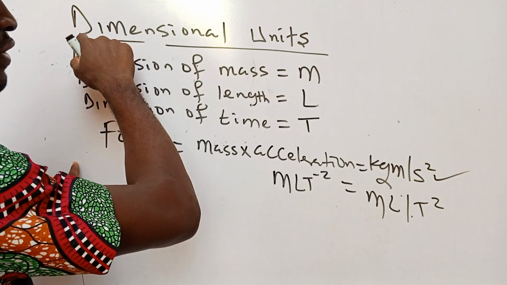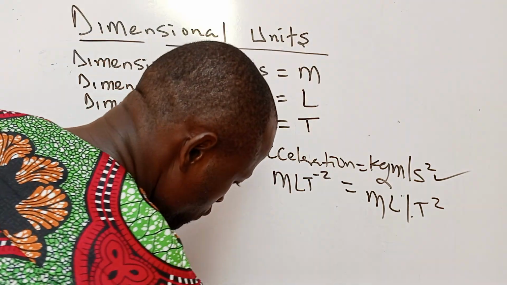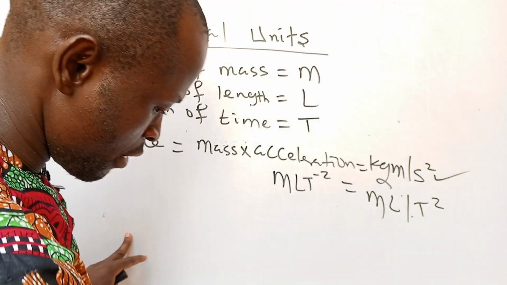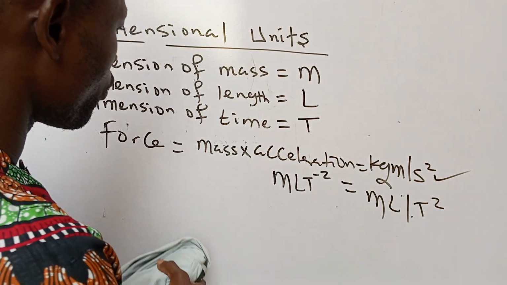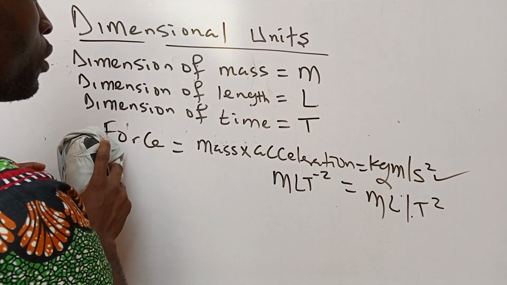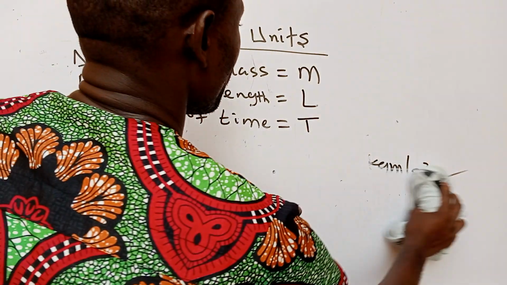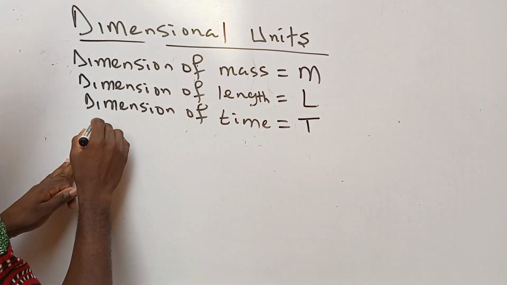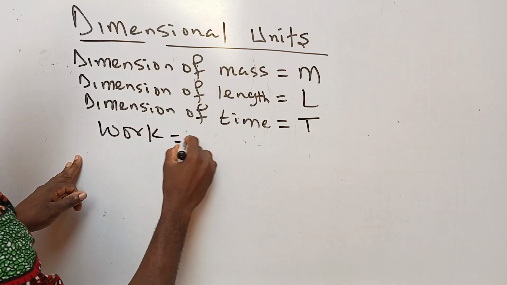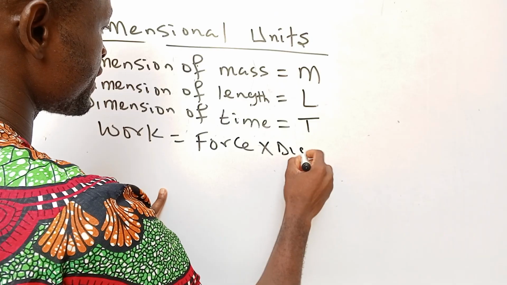So remember, the topic is dimensional unit. The next one we're going to look at is the dimensional unit of work. Work is force times distance.